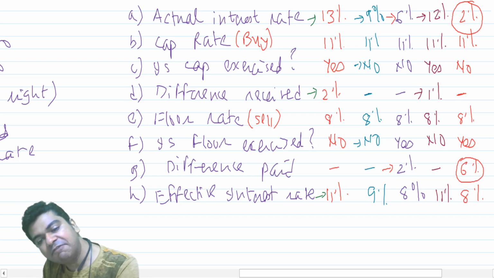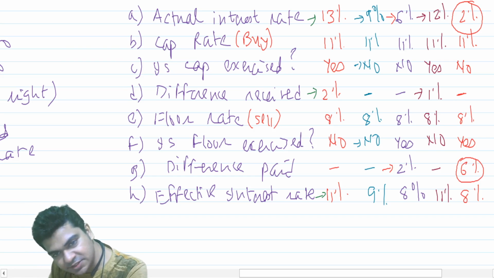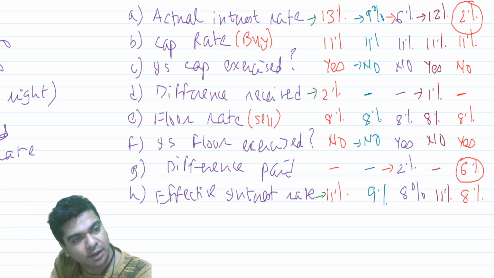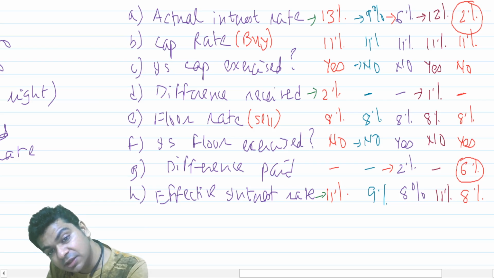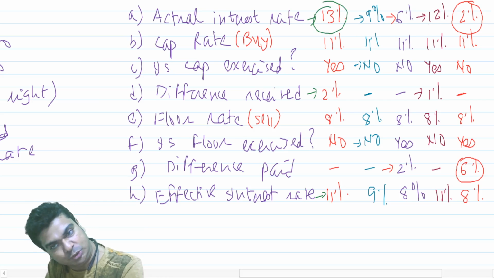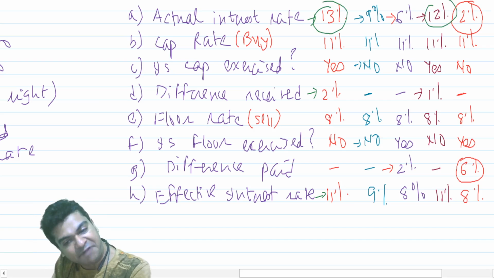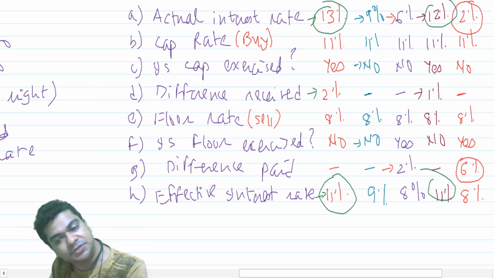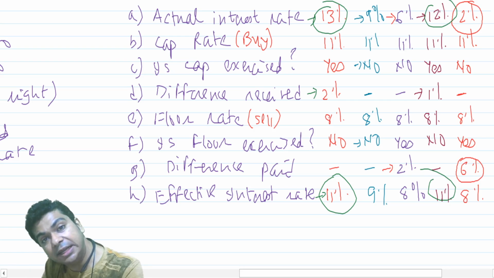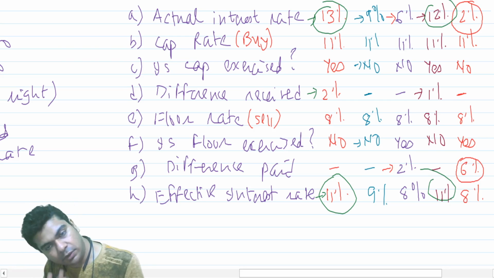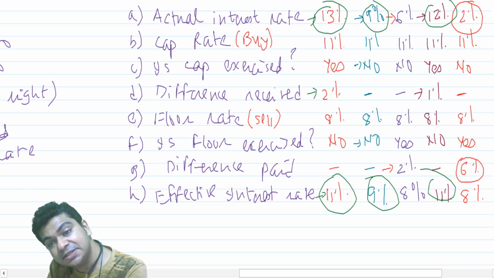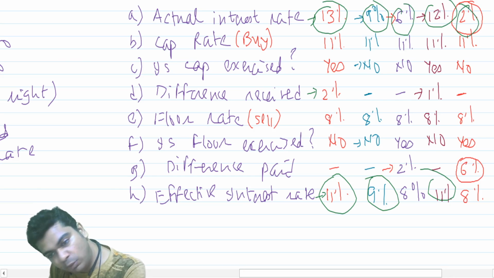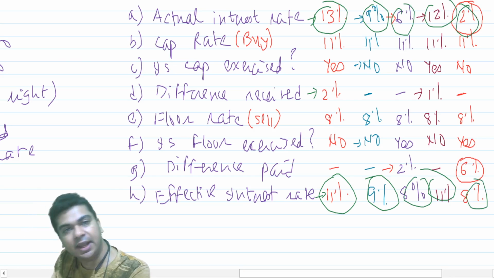Now, if you look at the final rates that we are getting, just try to understand this point. This is the main conclusion. Interest rate is 13%, interest rate is 12%, but still my effective interest rate is 11%. I am not borrowing at 13 or 12, I am able to borrow at 11. Okay, interest rate is 9%, then my effective rate is 9. Interest rate is 6%, interest rate is 2%, still it becomes 8 and 8.